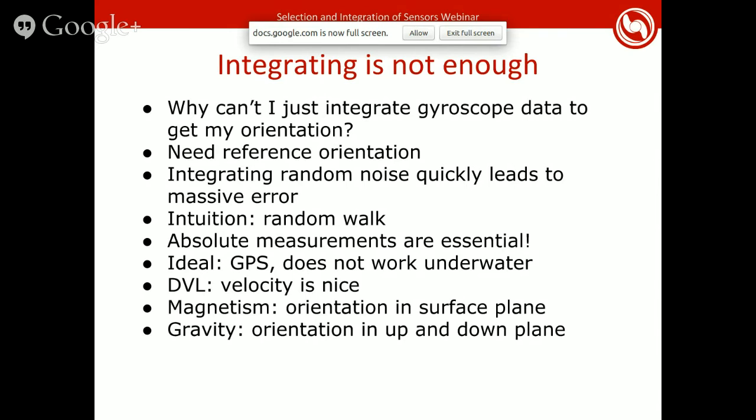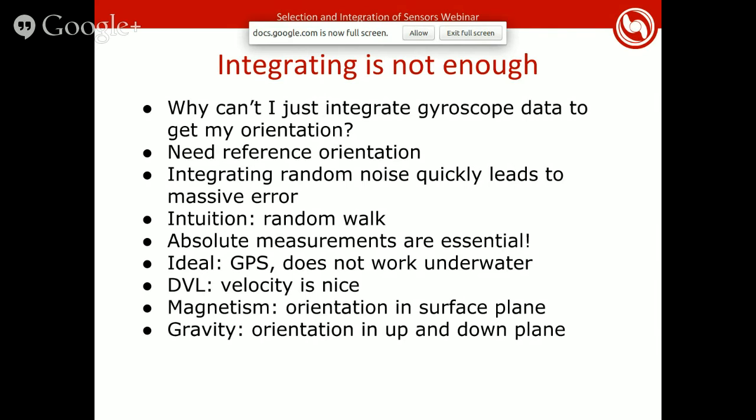But unfortunately, that doesn't work underwater. So when we're building an autonomous underwater vehicle, we can only use that when we're very close to the surface. That's not ideal. The next best for position is the DVL. That provides velocity, and it's not very noisy, so you can integrate that velocity and get position. For orientation, we have magnetism. That gives you which way we are relative to north. It gives you absolute orientation in the surface plane, which is the north, east, south, west plane.